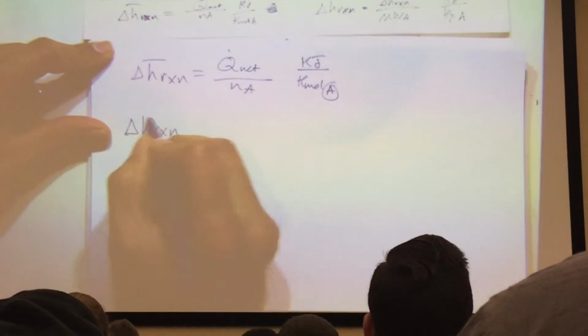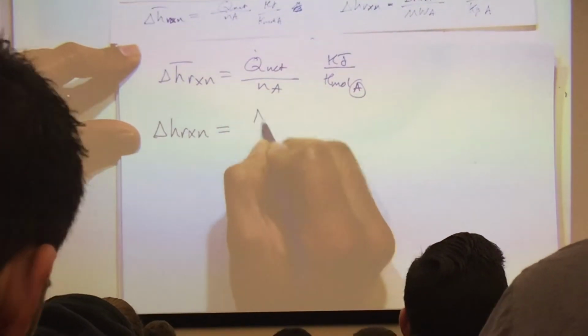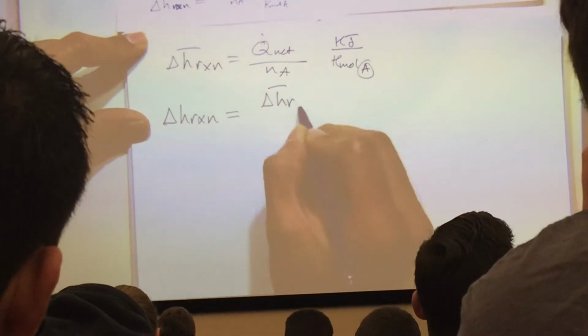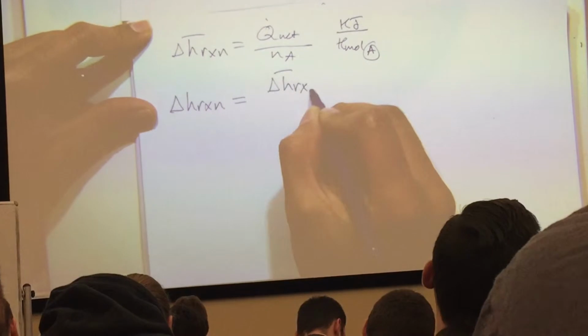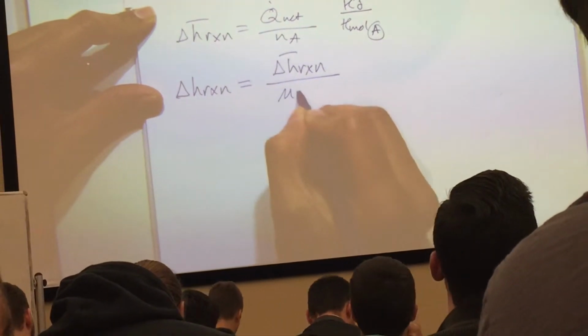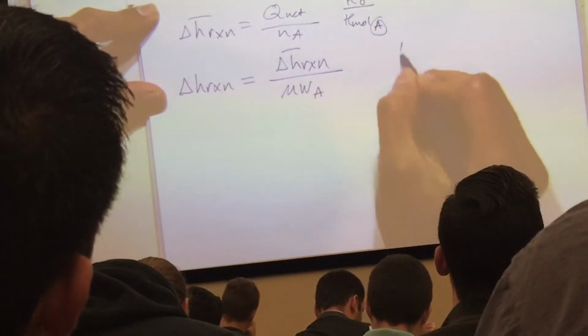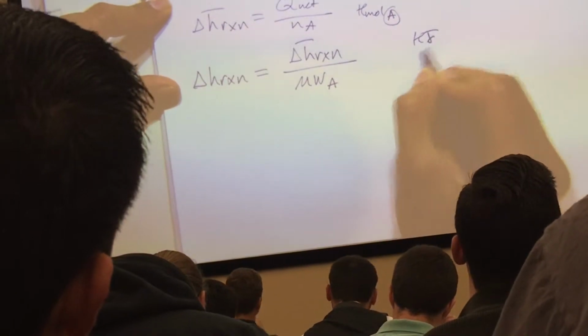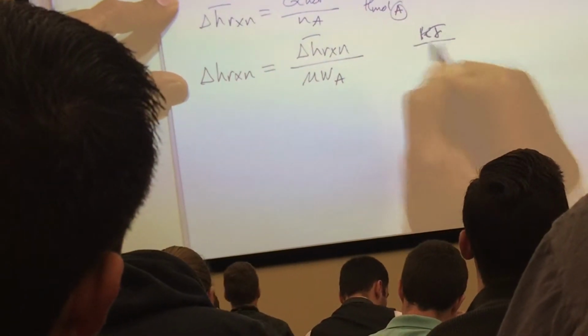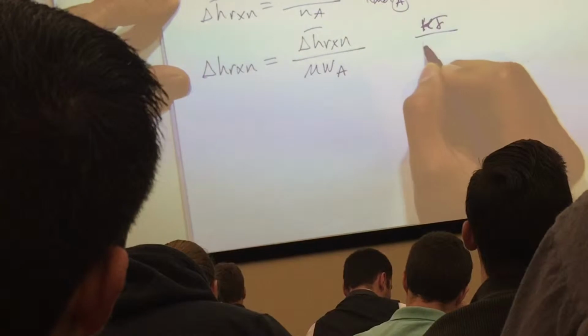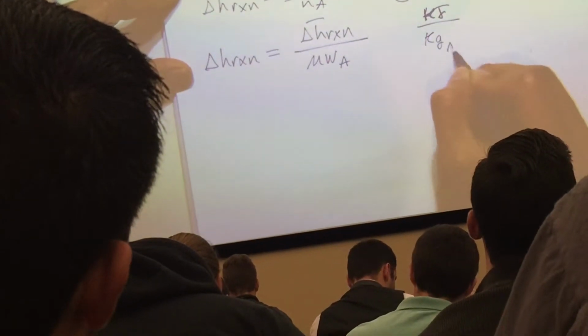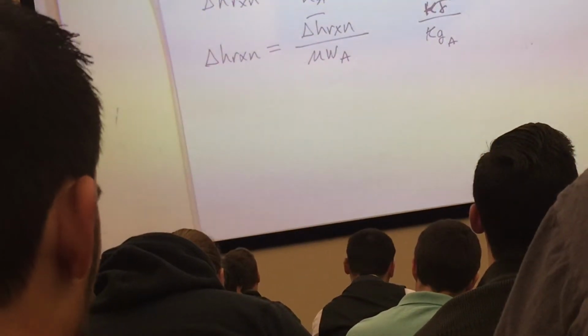And the heat of reaction in terms of number of moles, or kilomoles, divided by the molecular weight of A, will give me kilojoules over kilogram of whatever that species A is that I'm using.